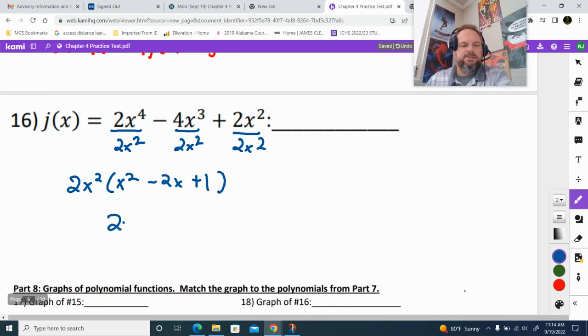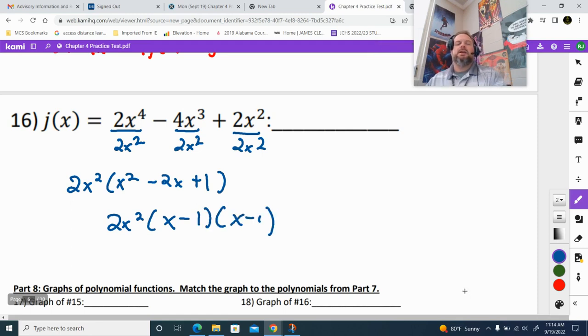This factors as 2x squared, x minus 1, x minus 1. All right. So your actual zeros for this, remember, the only thing you can plug in for x in the 2x squared would be 0 and 1. If you happen to write the second one up there, I'm not counting off. Okay? I'm not counting off.